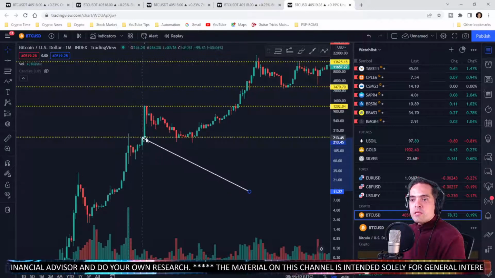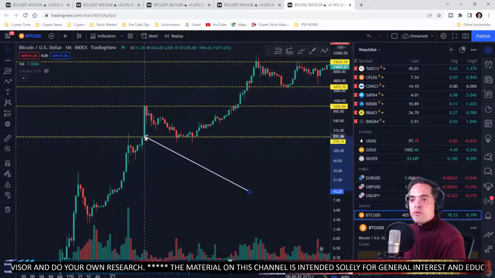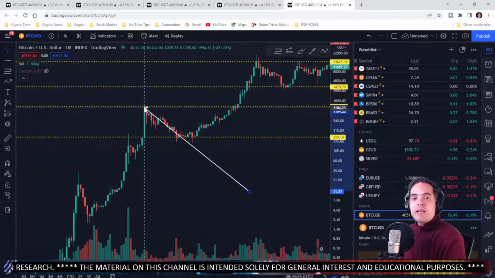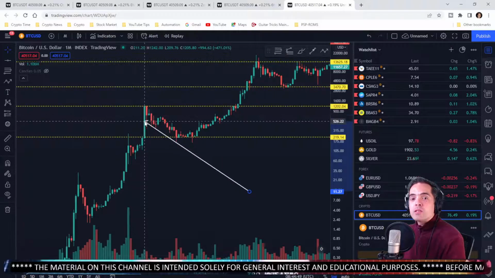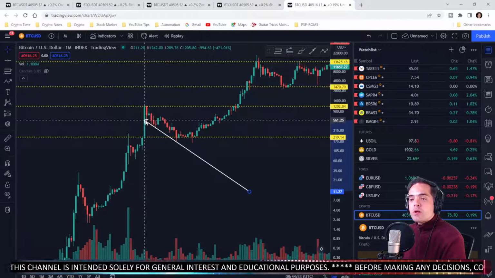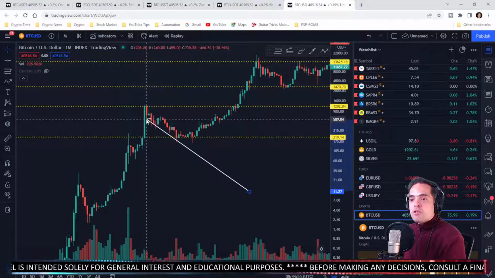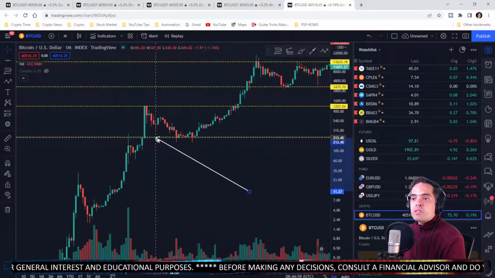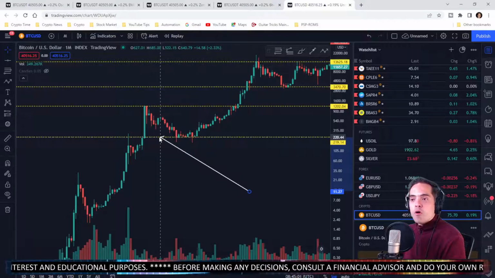So here is a resistance, and then the price breaks through the zone and goes to the next level, to the next floor. So now the price is on another floor in our analogy, and now the ceiling is acting as a floor.